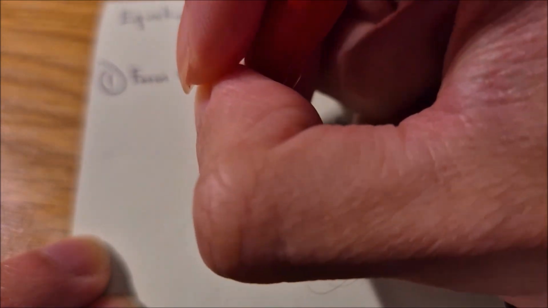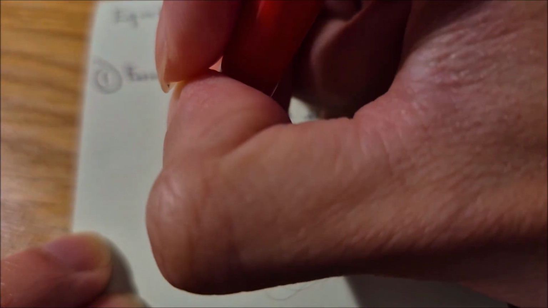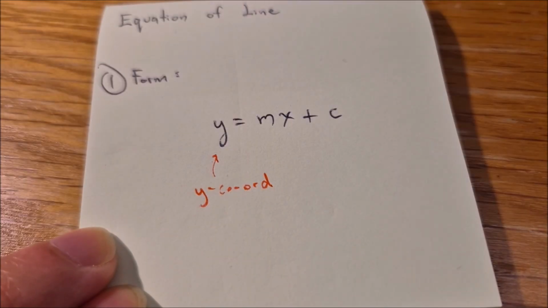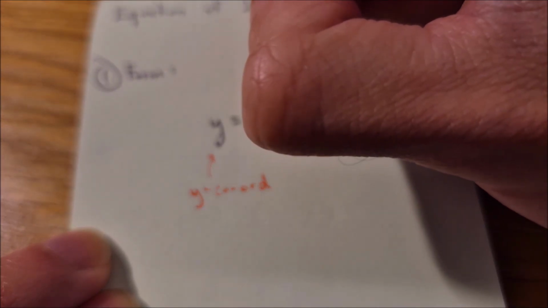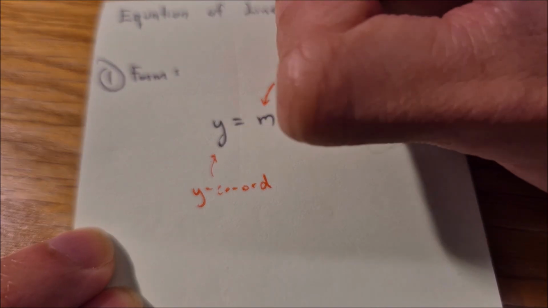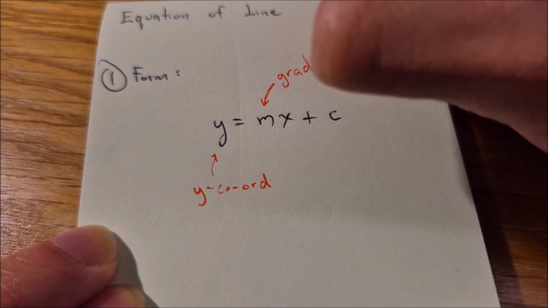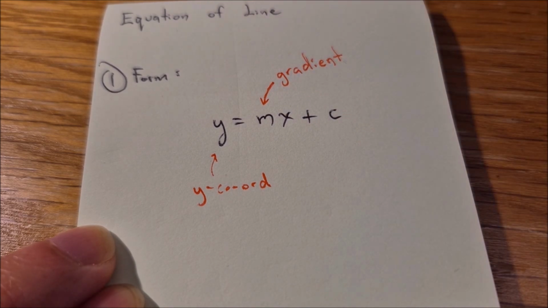The y simply refers to the y coordinate, and this m refers to the gradient, or how steep the line is.